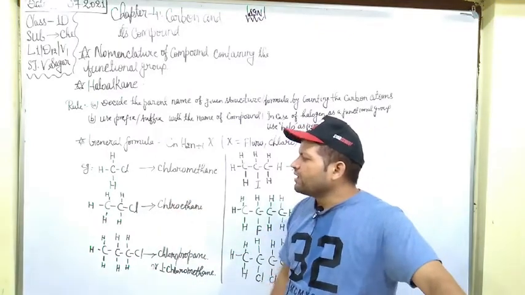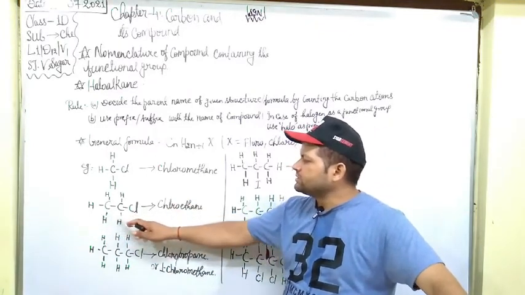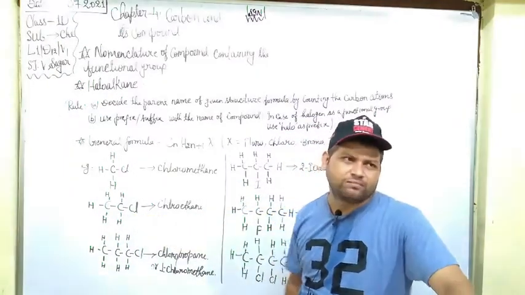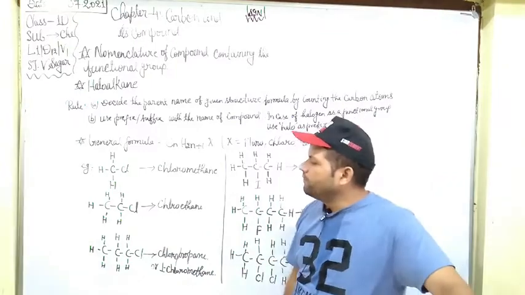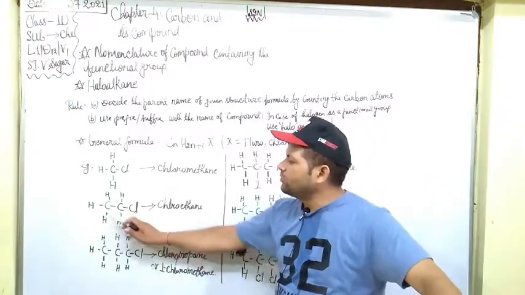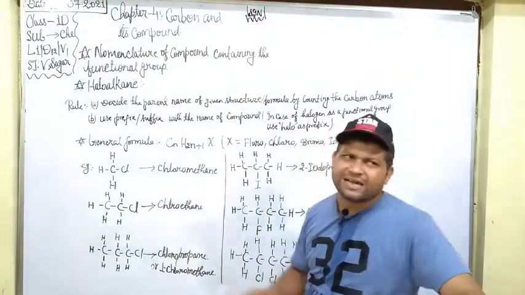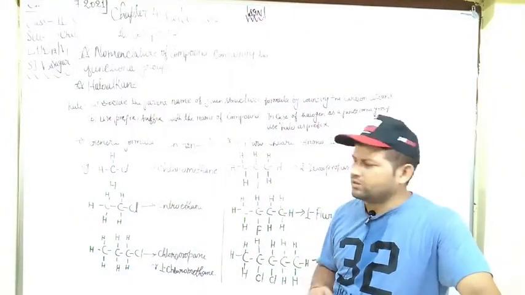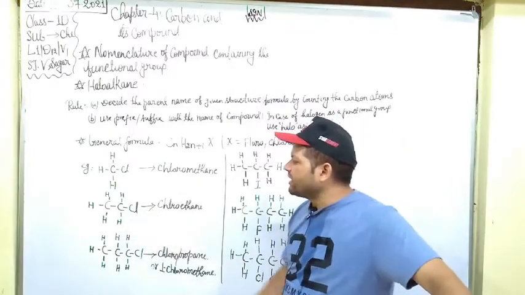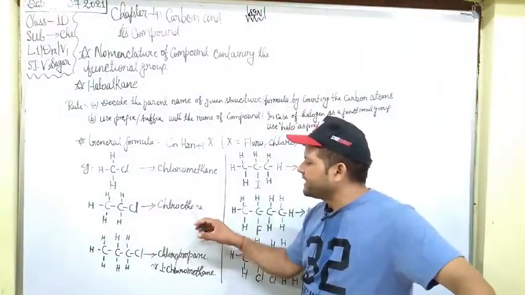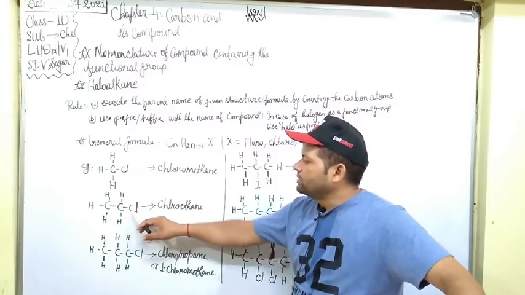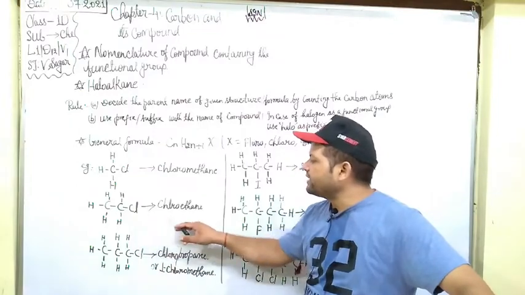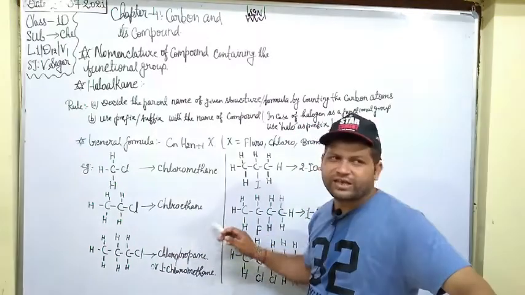In the same way, let us look: there are two carbon atoms present in the chain. So we count 1 and 2 to decide the parent name or root word, which is ethane, and since chlorine is added to it, we write its name as chloroethane.